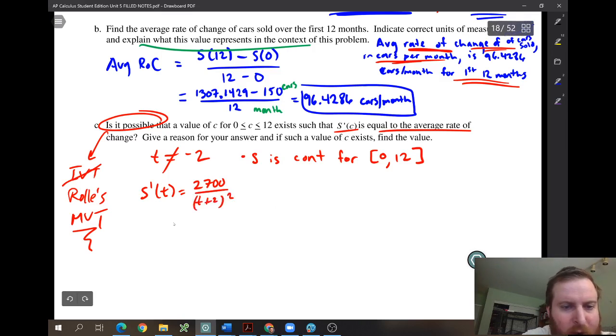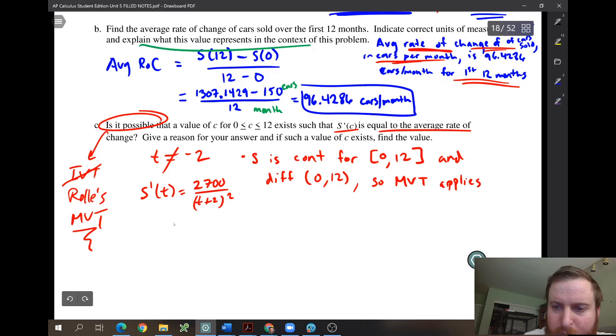So we can see that also t can't be negative 2 for that. So S is continuous for 0 to 12 and differentiable for 0 to 12. So MVT applies. Therefore, it is possible.